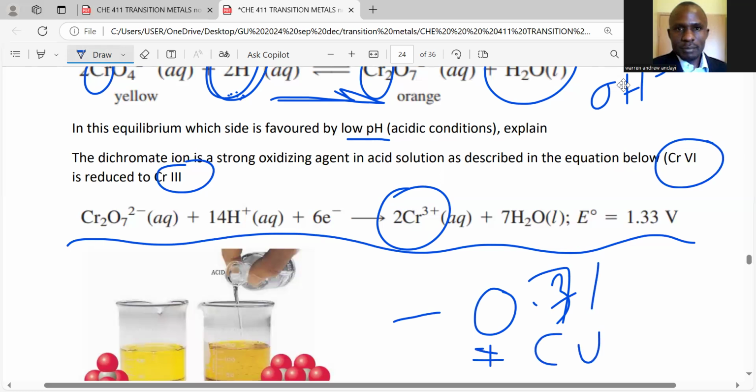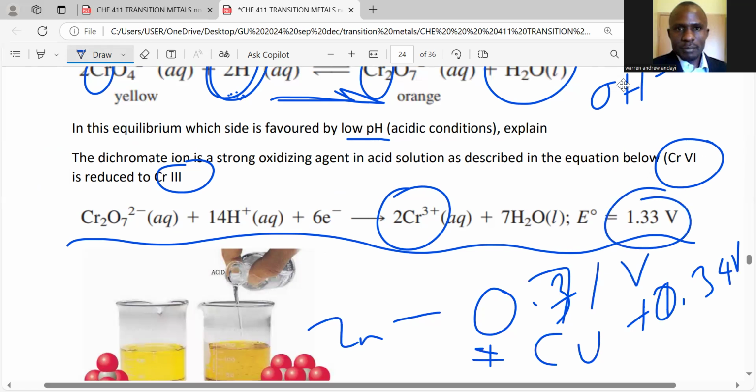Copper has positive, I think positive 0.34. Then zinc has a negative value. So look at that: the higher the reduction potential, the more easily it is reduced, and the stronger it is as an oxidizing agent. So it is a very strong oxidizing agent.